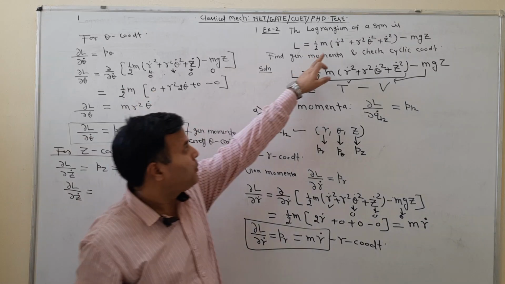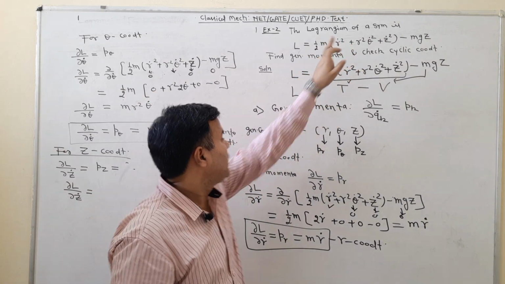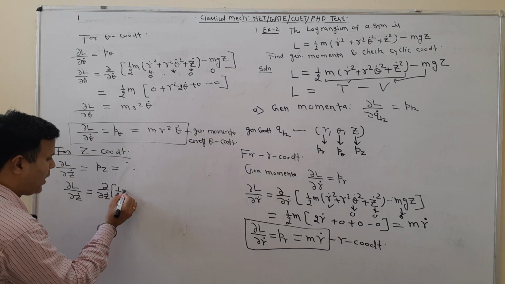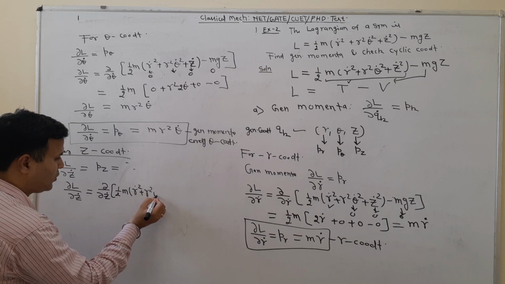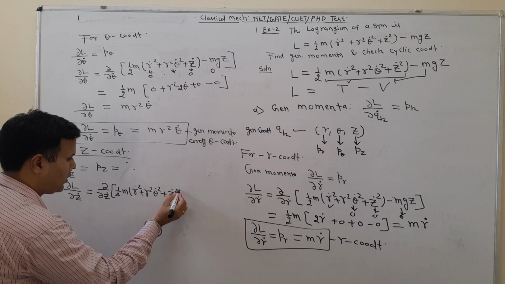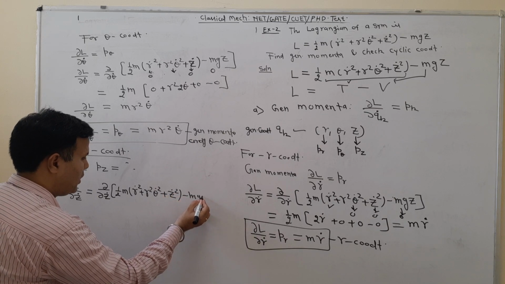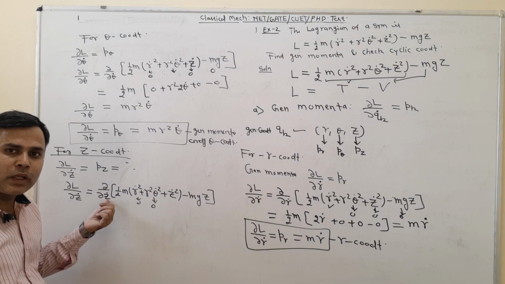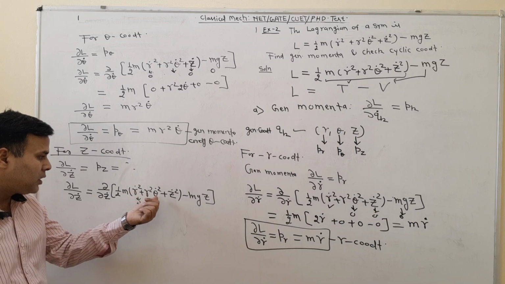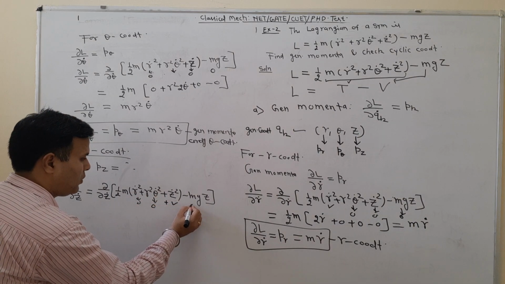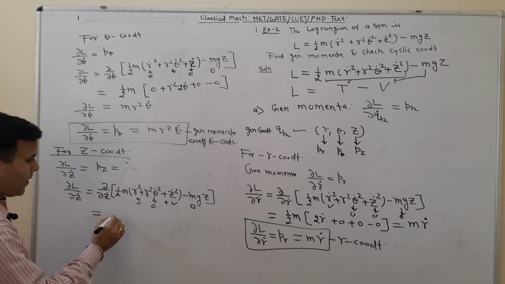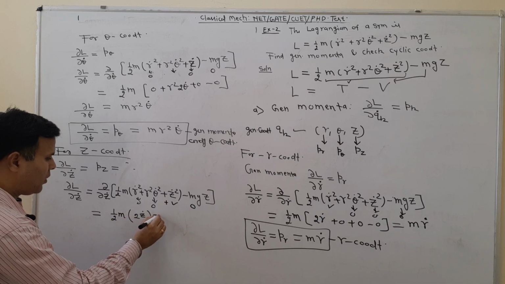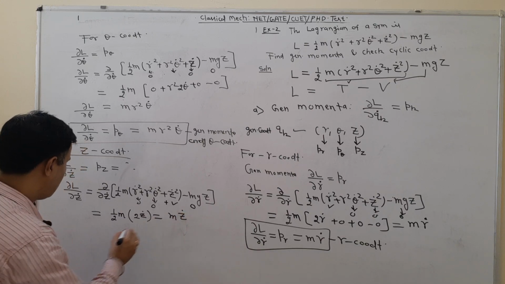Now differentiating L partially with respect to z dot: the r dot term gives 0 and the theta dot term gives 0, the minus mgz term gives 0, and only the z dot squared term remains. So we have 1/2 m twice z dot, which is simply m z dot.